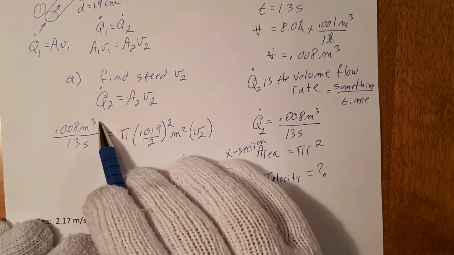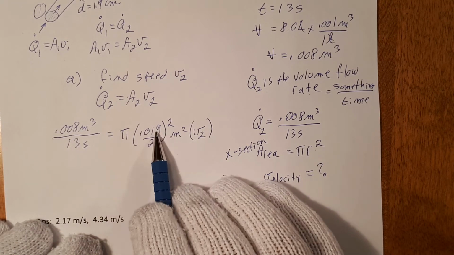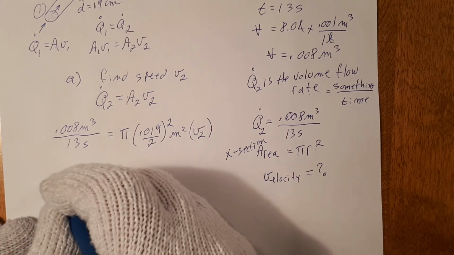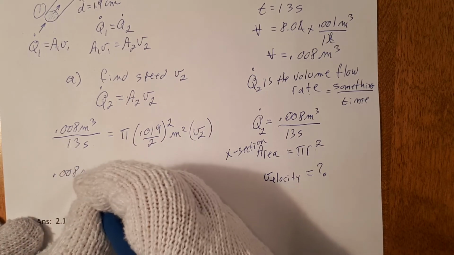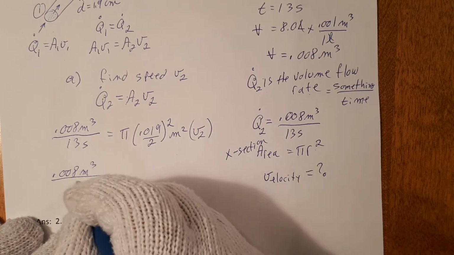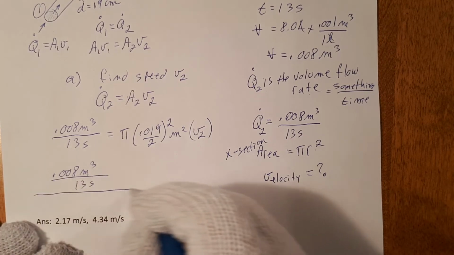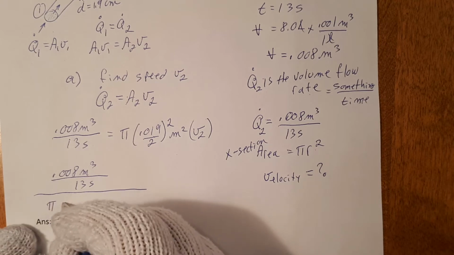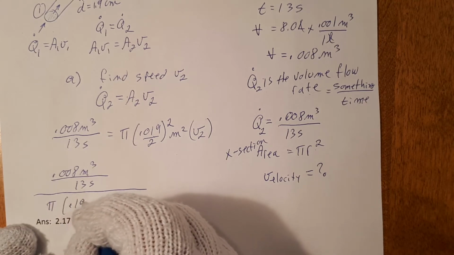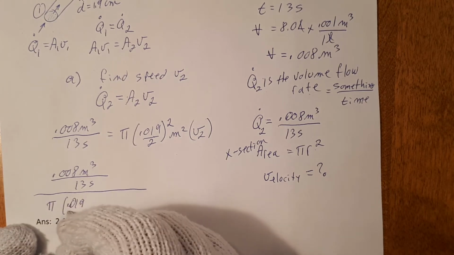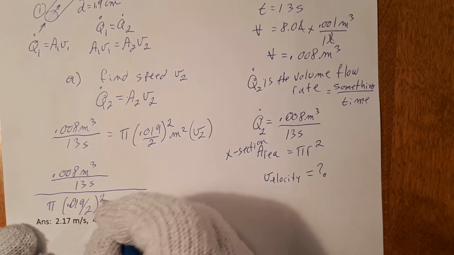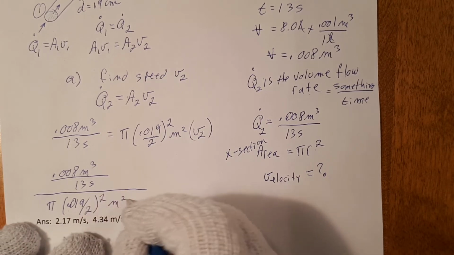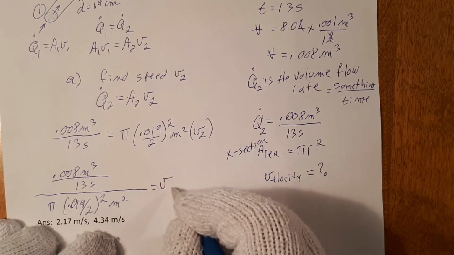So we have the volume flow rate here on the left. We need to divide both sides by the area. 0.008 cubic meters per 13 seconds, divided by, bring this over to the left-hand side, pi times 0.019 divided by 2 all squared, meters squared, is equal to the velocity.